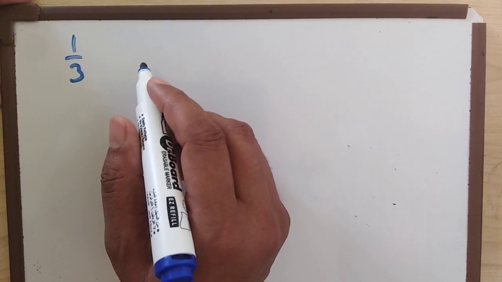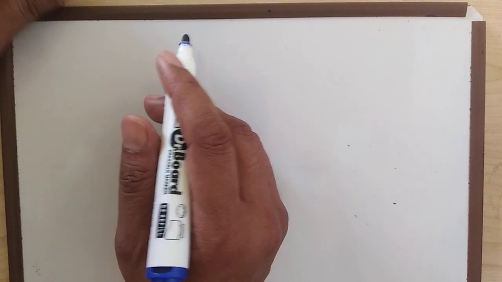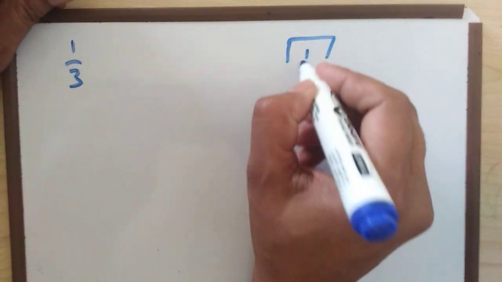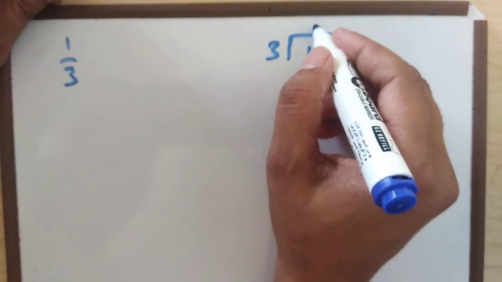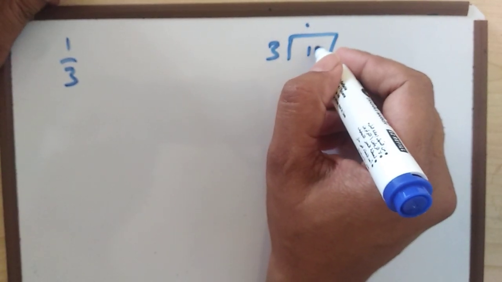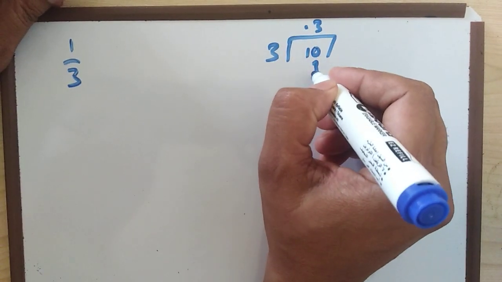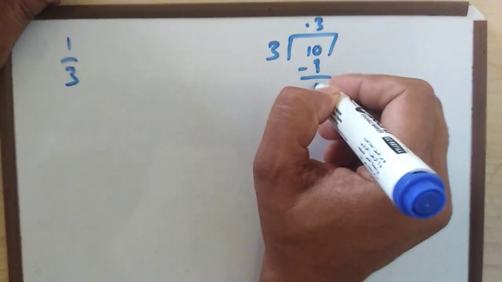When you divide 1 by 3, introduce a point and 0 here. 3 3s are 9. Subtracting, we have 1 here.